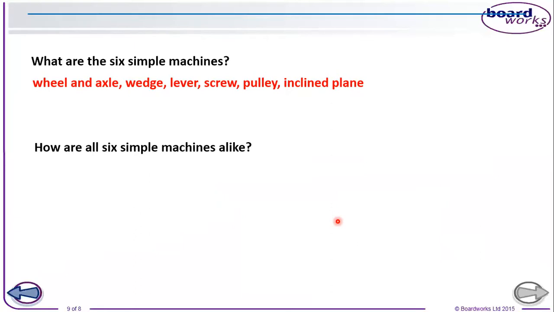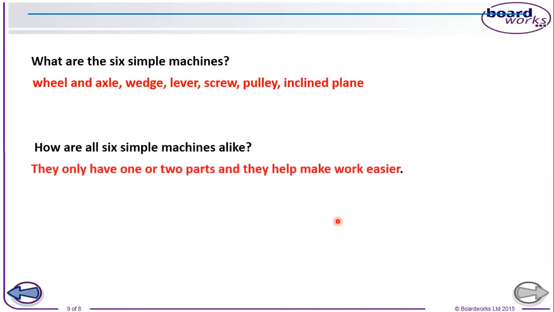Who can tell me? Yes, they only have one or two parts and they help make work easier. Again, as you see in the picture, they only have one or two parts and they help make work easier.